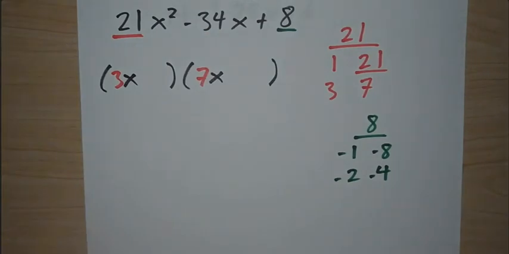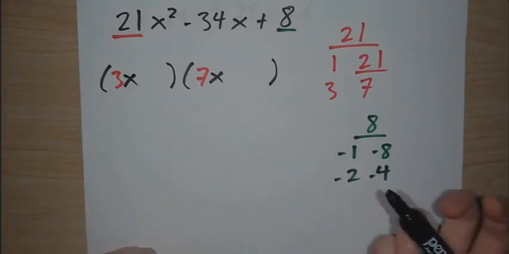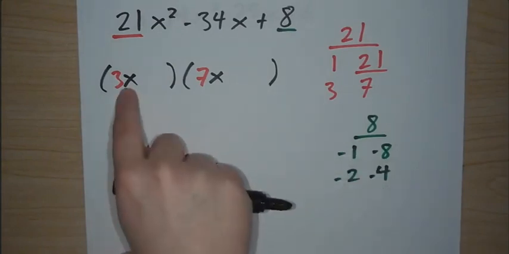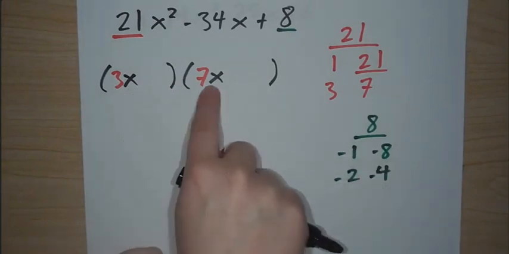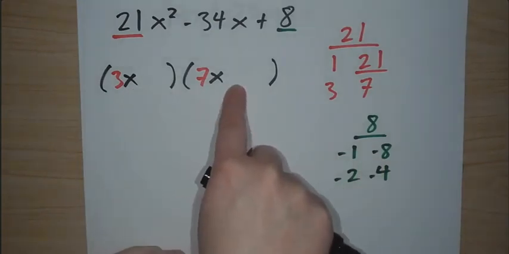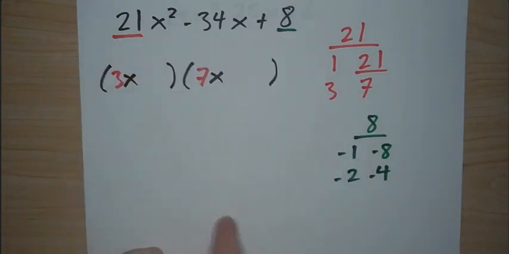So what we'll do is we'll look at these numbers and essentially put them in here and see if they work out. So 3x minus 1 times 7x minus 8, or 3x minus 8 times 7x minus 1 will not give us what we have here.